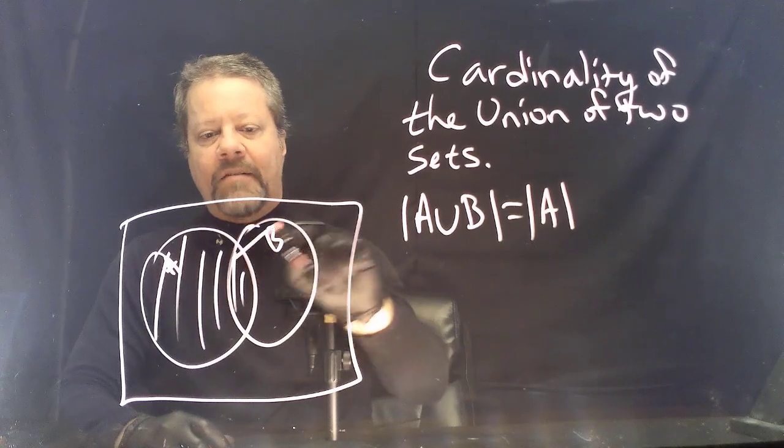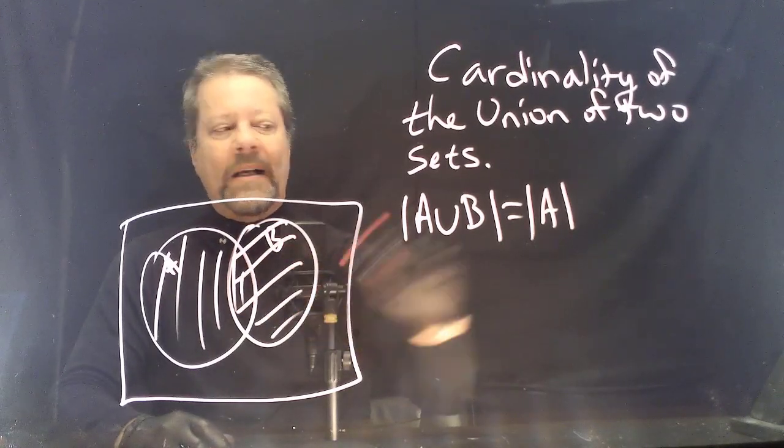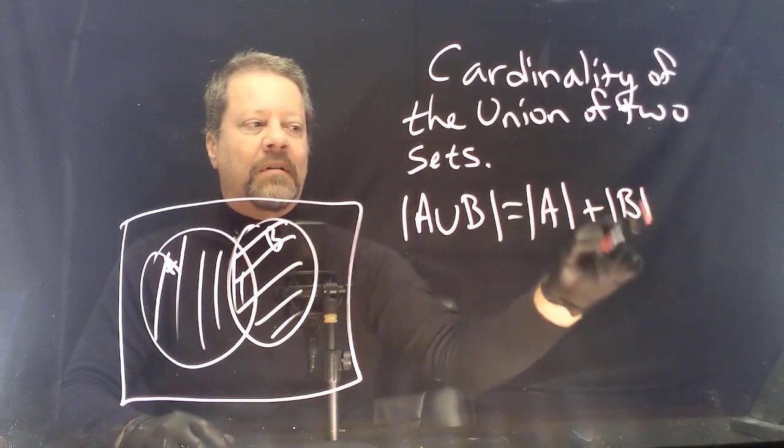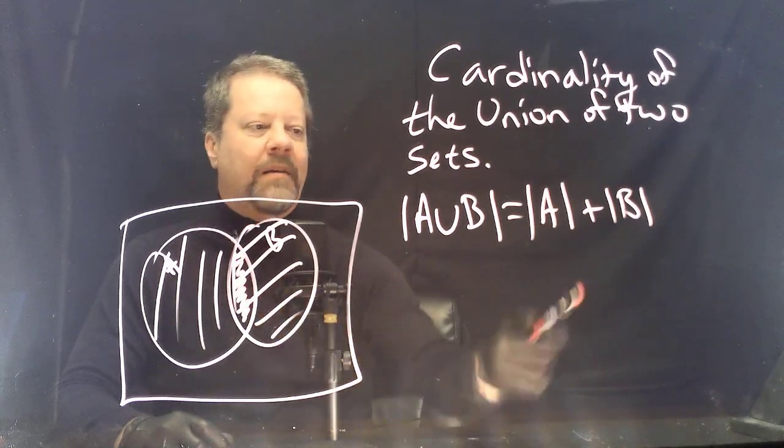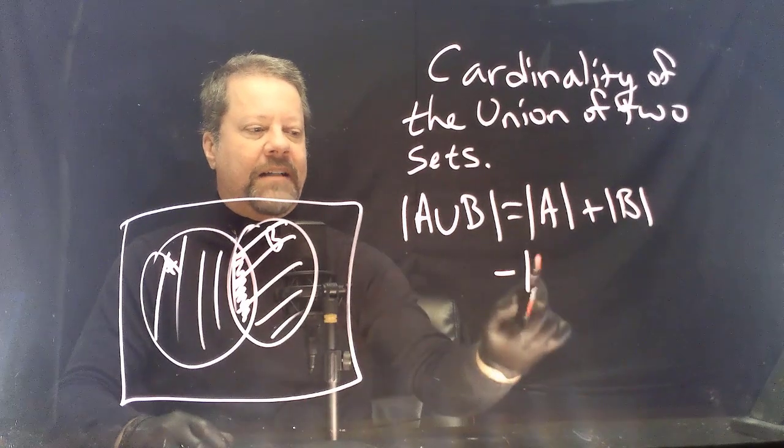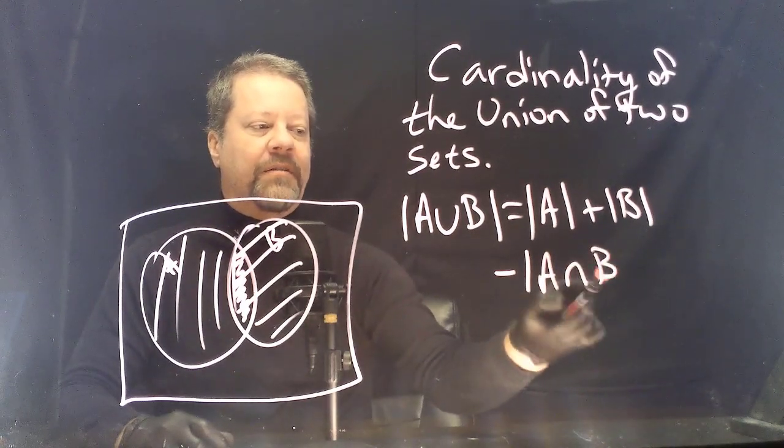If you count the number in B as well, then you've counted these twice. So you have to subtract the cardinality of the intersection.